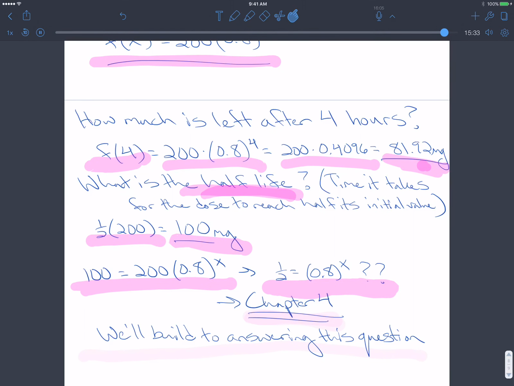In chapter 4, we'll introduce logarithms and we'll be able to solve for x explicitly, but in the next couple sections, we'll talk about another way to determine things like half-life. Chapter 4 will actually get to solving this explicitly, which is very important for application purposes. So we'll build to answering this question over the next few weeks.